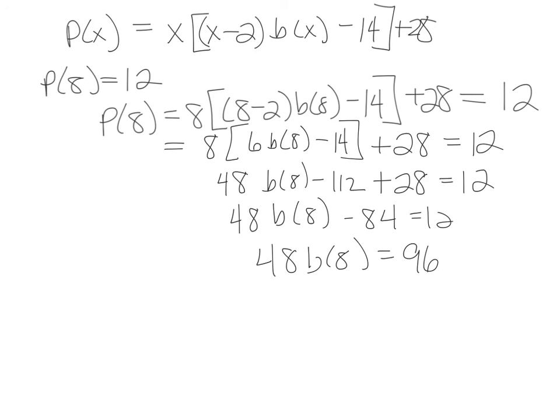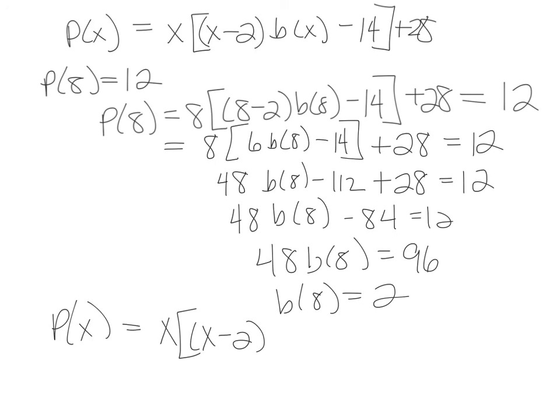Divide both sides by 48, and I have 2. Very exciting. All right, go back to our beginning, and we're actually done. P of x equals x, bracket, x minus 2, and instead of b of x, we can write a 2, minus 14, plus 28.